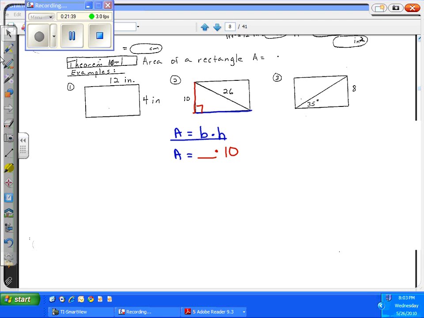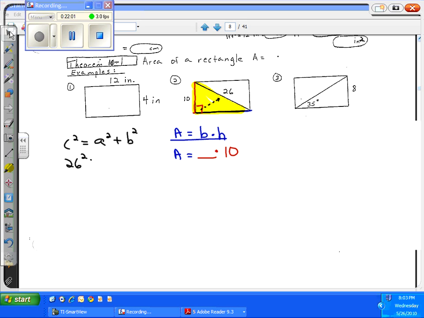But if we look at half of that rectangle, it is a right triangle. We know two sides of the right triangle, so we can find the third side by using the Pythagorean theorem. So c squared equals a squared plus b squared. The c is the one across from the right angle, 26.